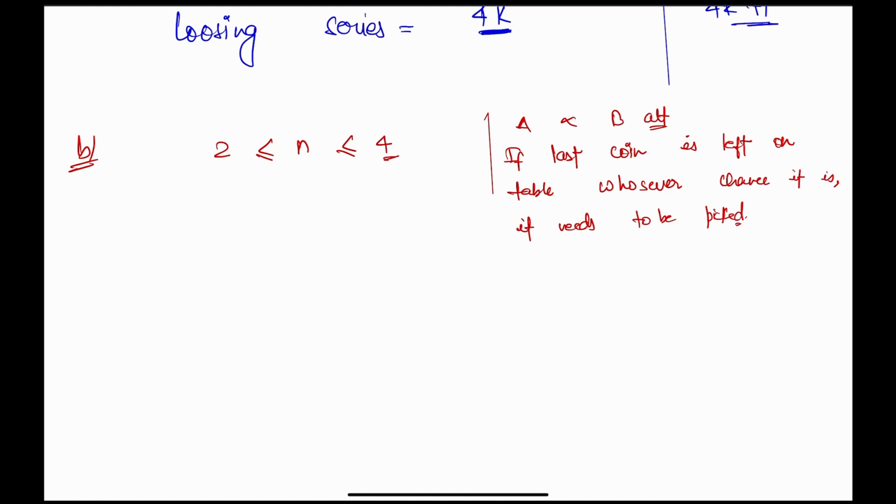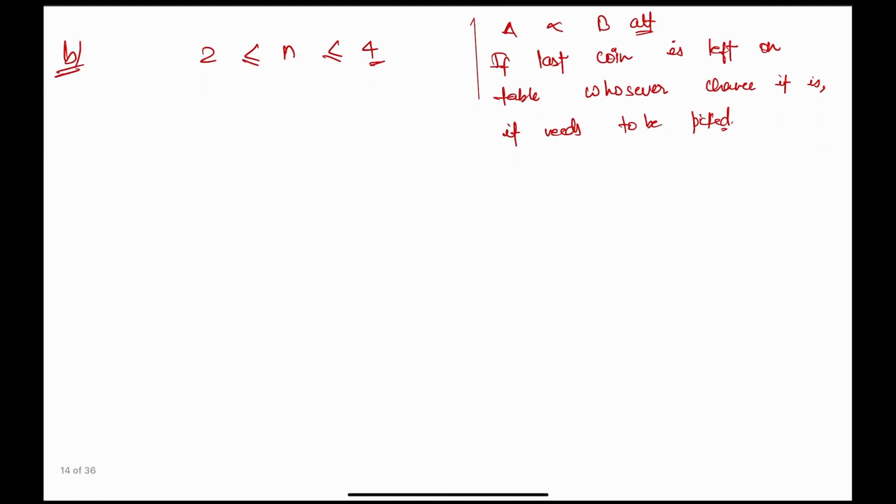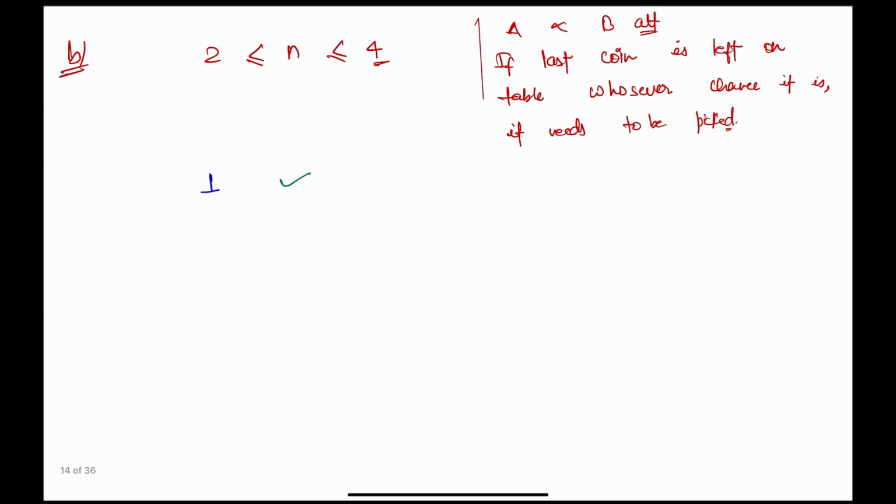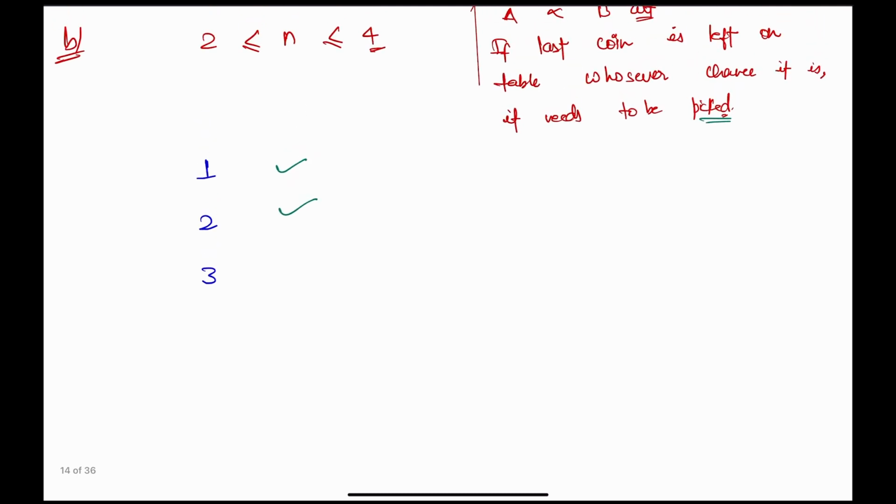So again let's use our brain. If one coin is there, the first person is going to win. Oh sorry, the first coin, my bad, according to this rule, he is going to win. If two coins are there, that person will pick 2 coins and win. Correct. 3 coins are there, he can choose between 2 to 4, so still he can choose 3.